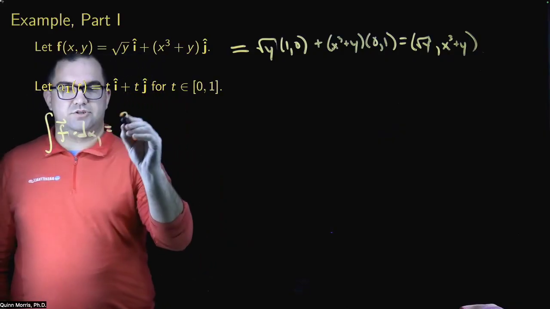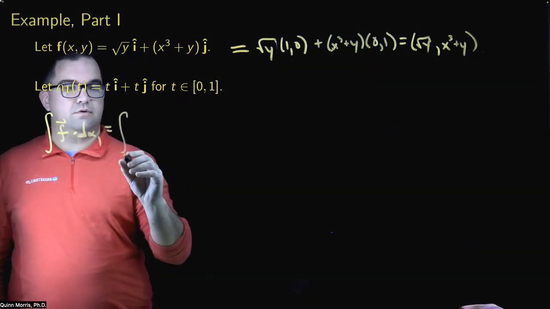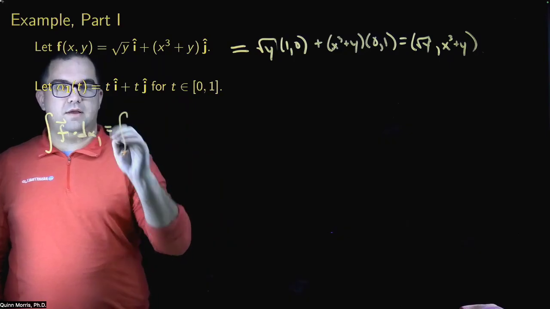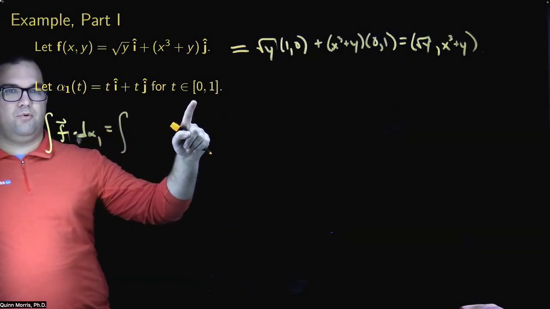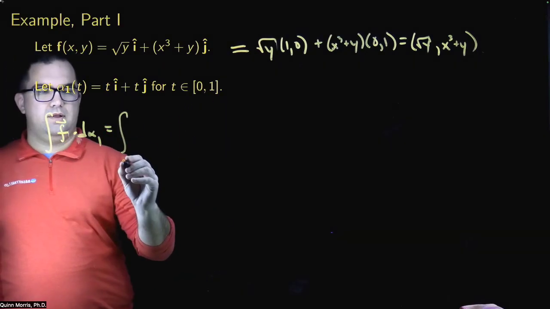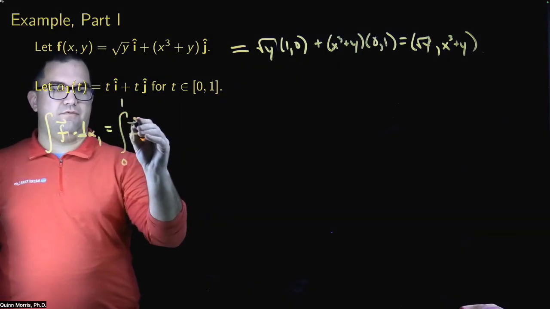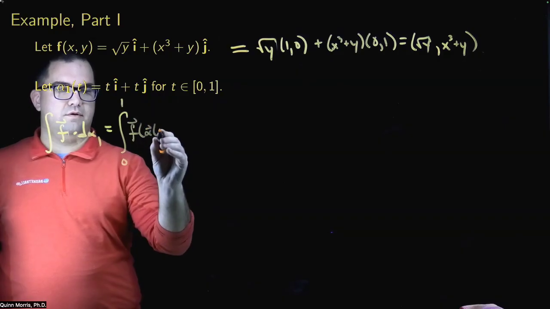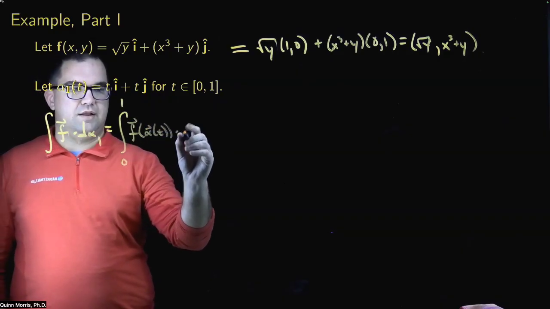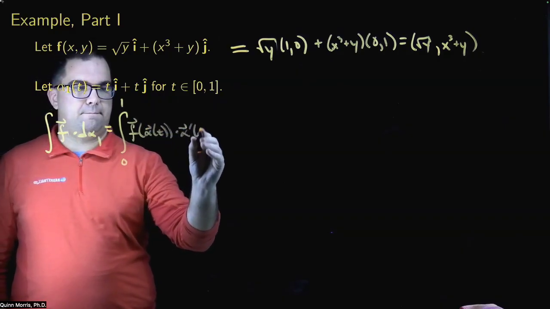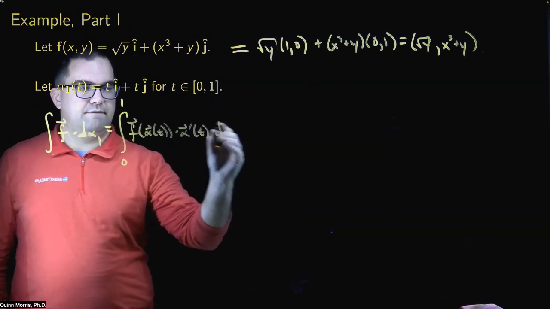By definition, this is the integral from a to b, here my parameterization goes from 0 to 1, of f of alpha of t dotted with alpha prime of t dt.